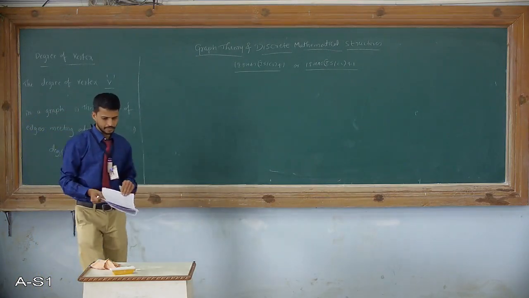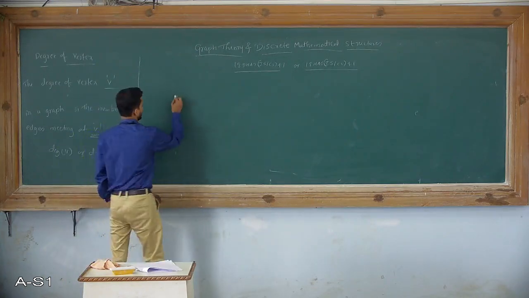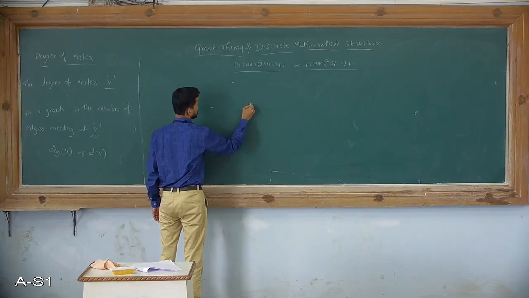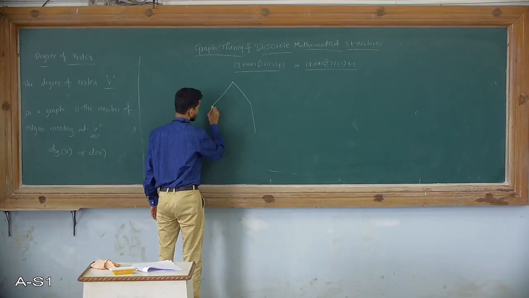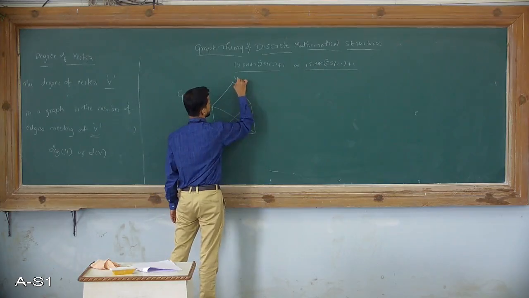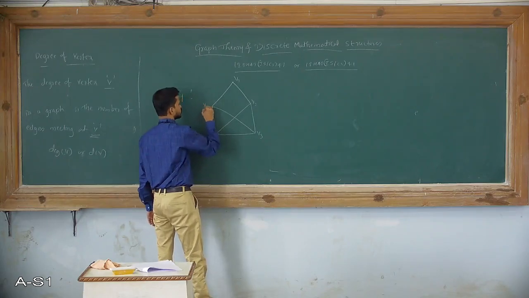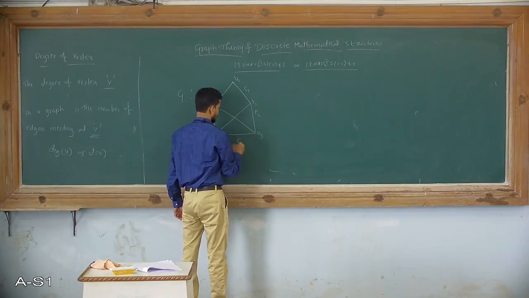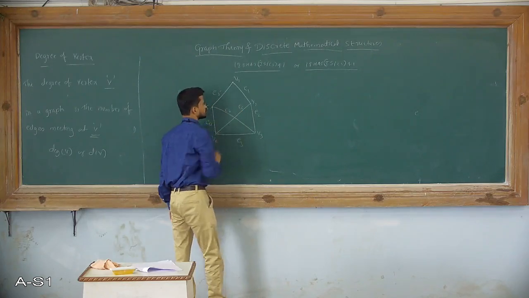Let us consider an example here. I will consider this graph G with 5 vertices. I will name them V1, V2, V3, V4, V5, and the edges E1, E2, E3, E4, E5, E6, E7.